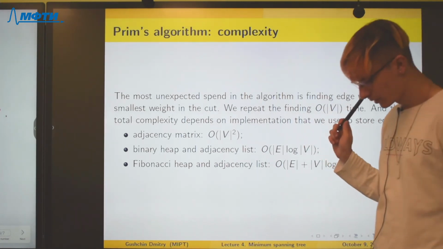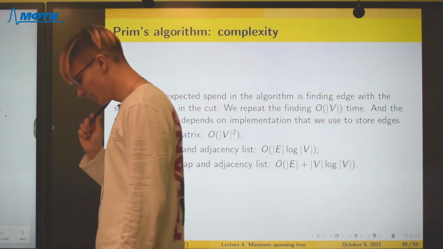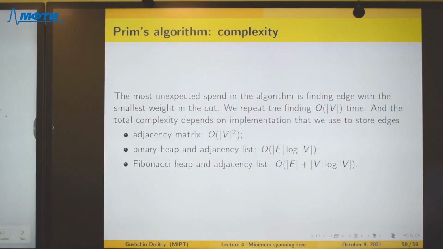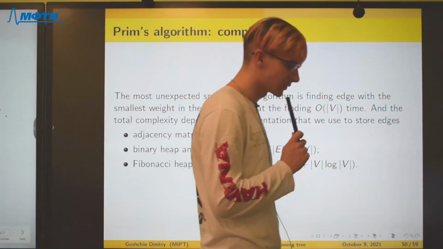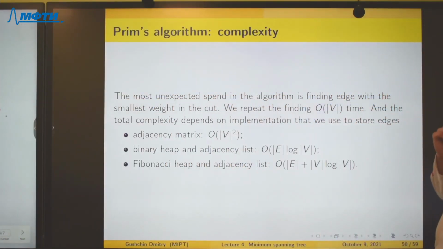But you can think why we can get this asymptotic time if we have an adjacency matrix. So let's go through it.